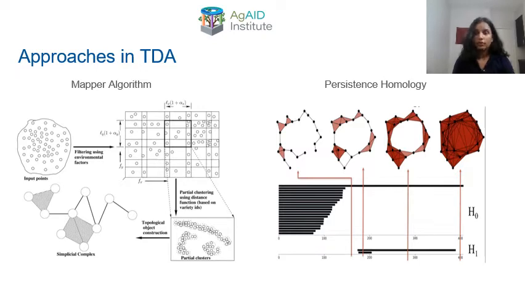Depending on your choice of the filter function, your view of data is going to change. At the end of the mapper algorithm, you get a graph, whereas in persistence homology, you get a set of barcodes. Each barcode corresponds to the lifespan of a certain network structure, may it be a connected component or a hole in your data.